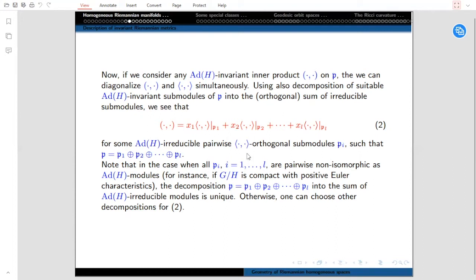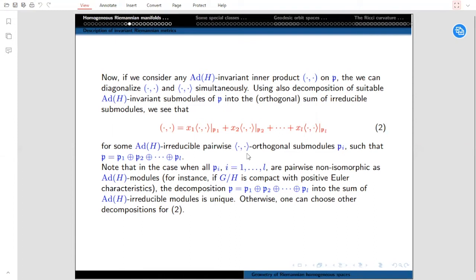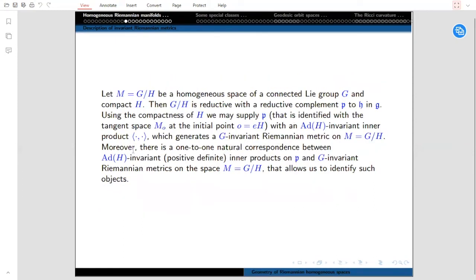Can I ask you again? The original inner product, the one with square parentheses, and the one with angle parentheses, is it also an ad-invariant? It's supposed to be Ad G-invariant. Yes, this one is a restriction of some Ad H-invariant metric on the Lie algebra g, but it's not so important.